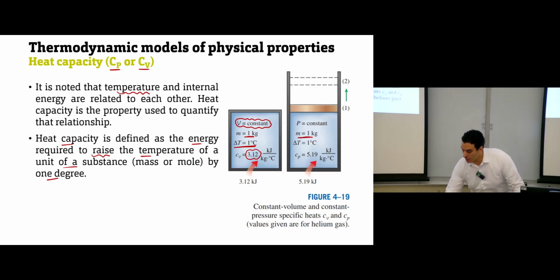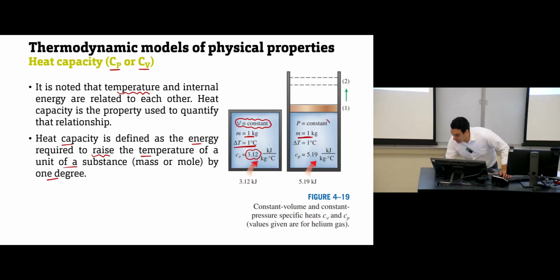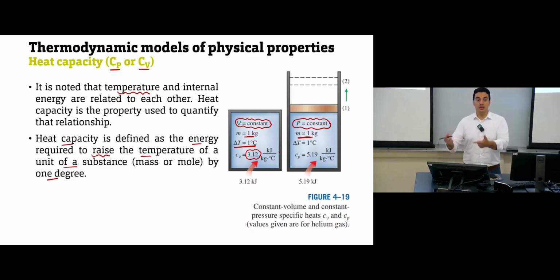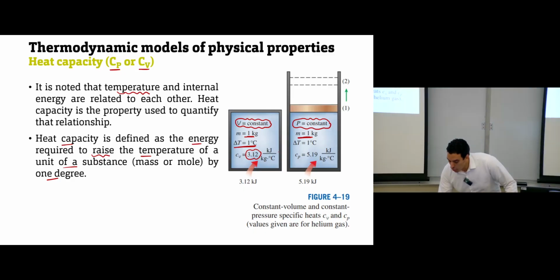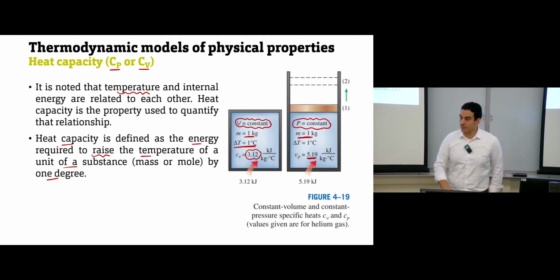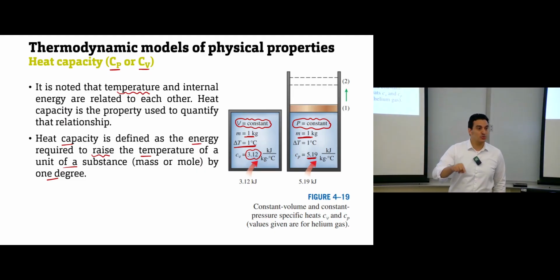Same substance, same amount, but this time we make the pressure constant. And we start to heat the substance. And what did we find? We need to add 5.19 kilojoules of energy for the same amount of substance to increase its temperature by 1 degree Celsius.